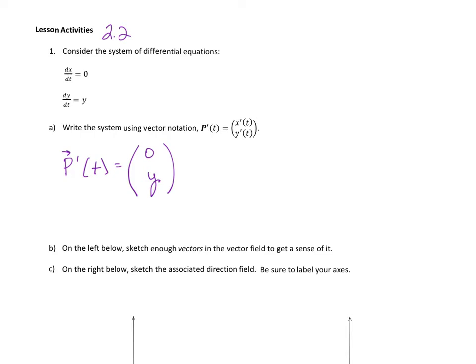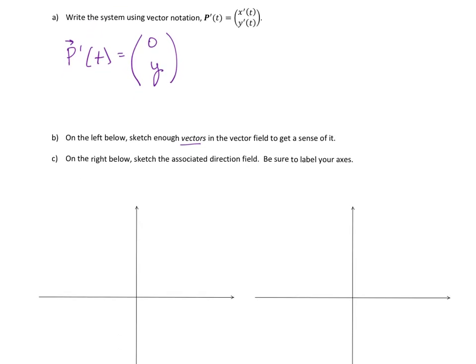On the left below, sketch enough vectors, which have a direction and a magnitude, in the vector field to get a sense of it. So we're looking at the xy plane, and we're going to plot points x, y.